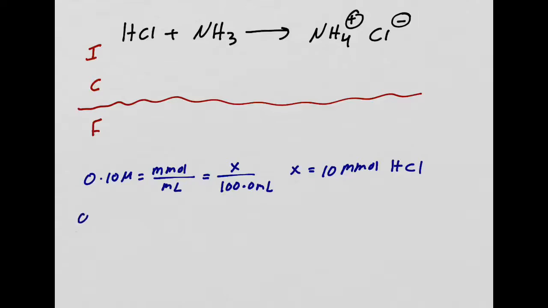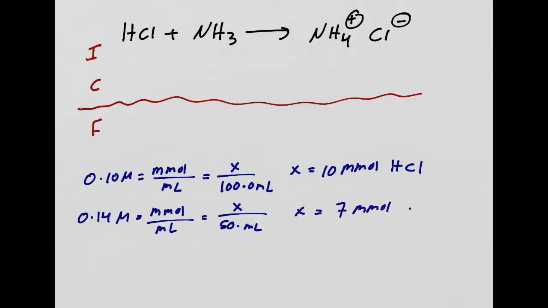I'm going to do the same thing for the ammonia, 0.14 molarity, and I have 50 ml. What I end up getting is 7 millimoles of ammonia. So far so good.